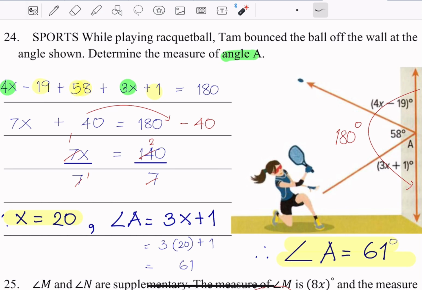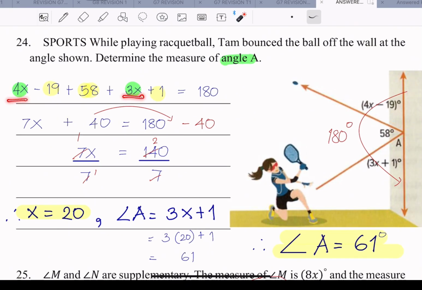Then we're going to add the same terms. So we have 4x plus 3x is just 7x. Add the coefficients. 4 plus 3 is 7. Then copy the variable. 7x, then the constants, 58 plus 1 is 59. 59 minus 19 is 40.